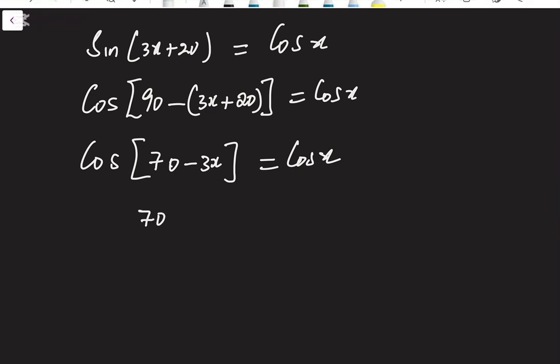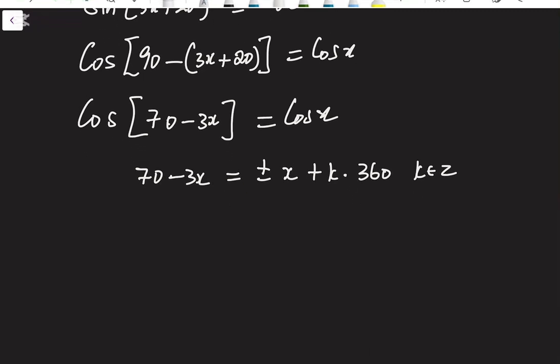We have 70 minus 3x is equal to, because we are dealing with cos here, we'll say plus or minus x, and then plus k multiplied by 360. K is an element of all integers. Now, group the like terms, take all the variables to one side. Or let me separate these solutions first.